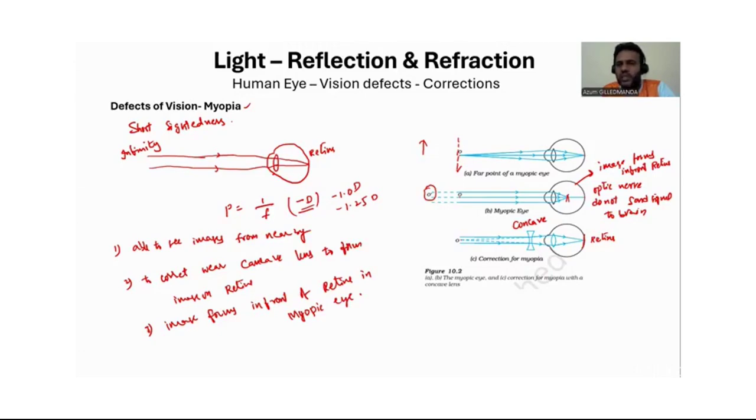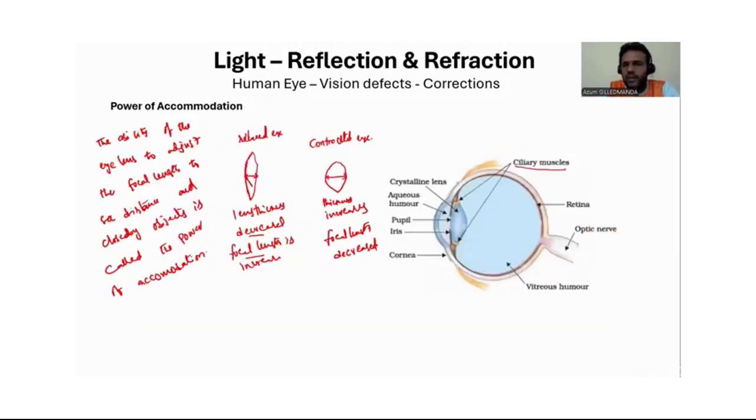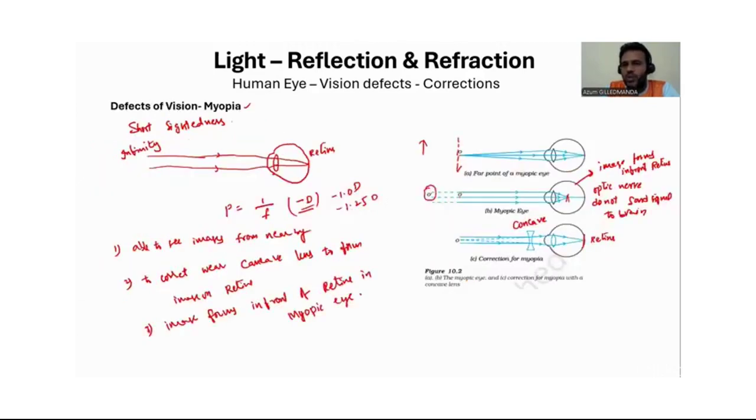Otherwise, what happens is, we talked about those muscles, the ciliary muscles, which contract the eye. Those muscles need to work very hard and frequently to contract the eye. If you're not able to see, you will try to squeeze your eye and see, right? When those muscles start squeezing, they squeeze more and more, and your eye lens becomes thicker and thicker.